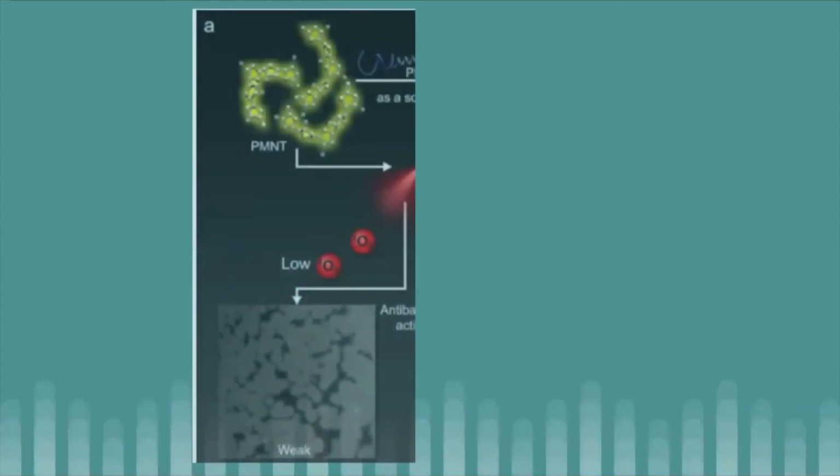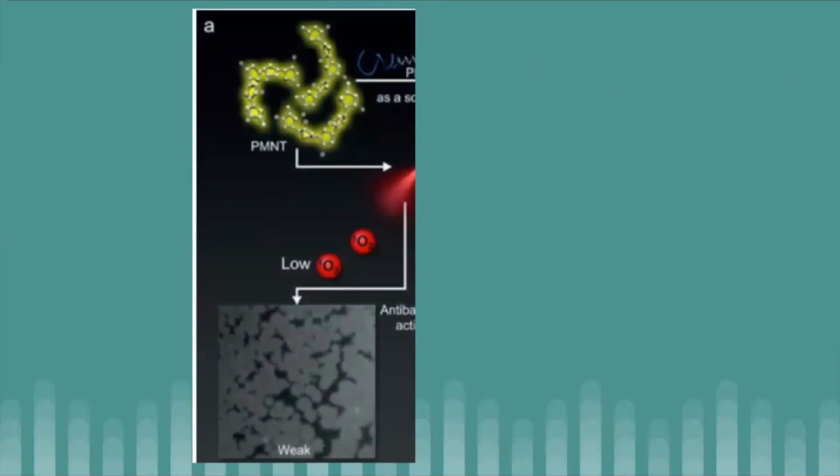Well, they took a photosensitizer known as pigment, and they introduced it to the red light. The red light would then ionize oxygen particles, creating ROSs, and these ROSs would act on the bacteria and neutralize them. However, when it is just the pigment combined with the red light, there is a low level of ROSs that are produced, and it has a weak antibacterial activity.